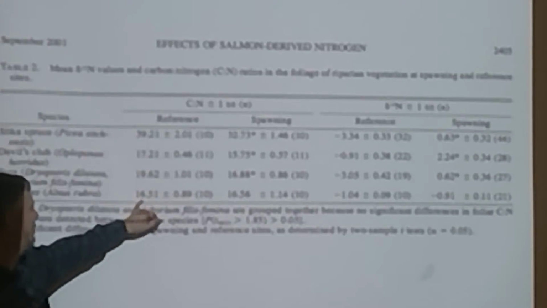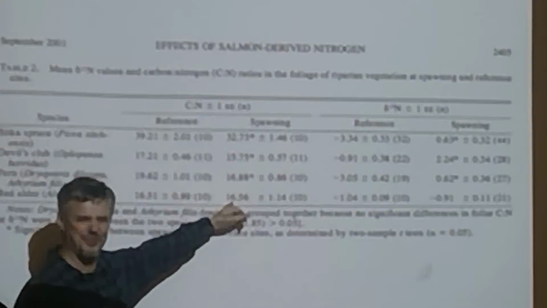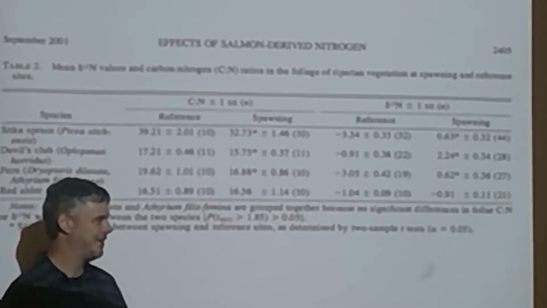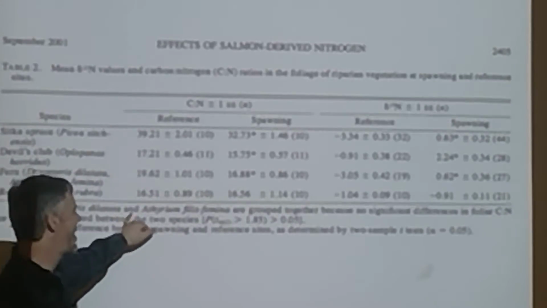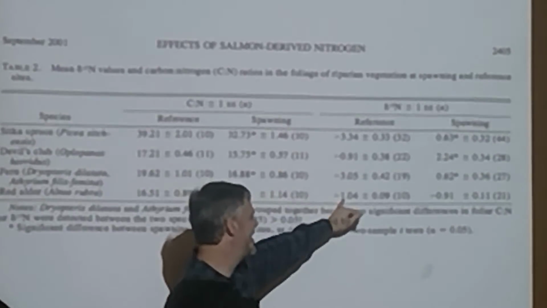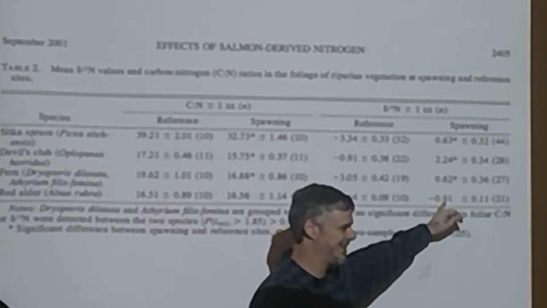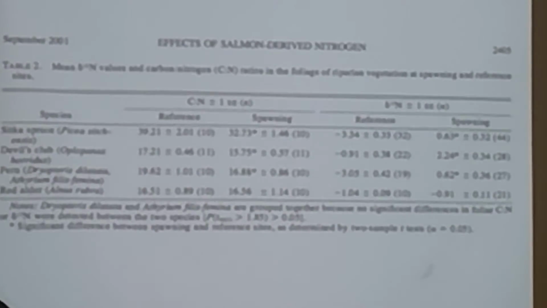Carbon to nitrogen ratio with a reference stream of 16.5 versus 16.6. You've got to be kidding me. It's the same. All right. Negative 1.04 versus negative 0.91. You're on the wrong side of the standard. They're not significantly different.